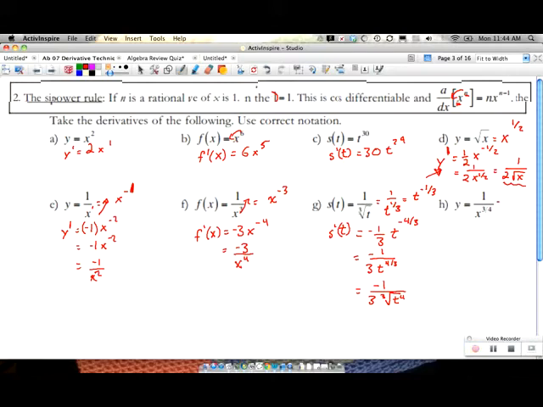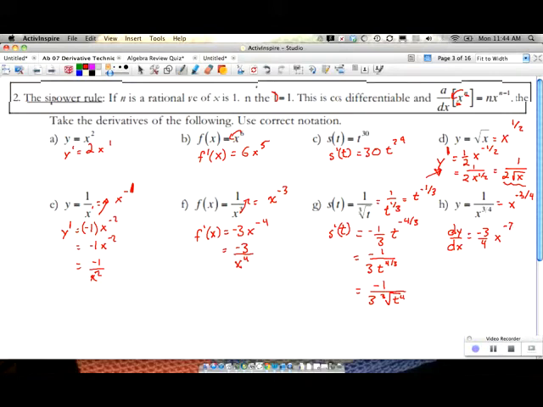Okay, this one, not so much a combo play. We just need to bring the power up to the top, so it's going to become x to the negative 3/4. So when we find y prime, or in this case, let's do dy dx, it's all the same. That's going to give us, we drop the power out front, negative 3 over 4 times x.